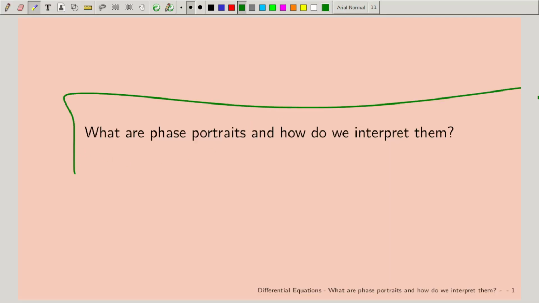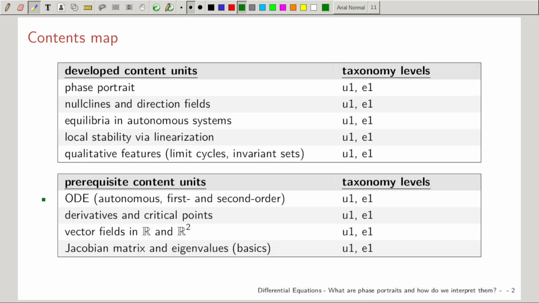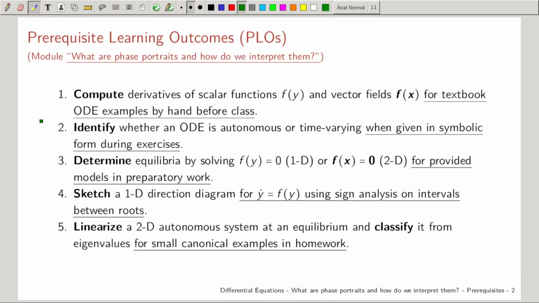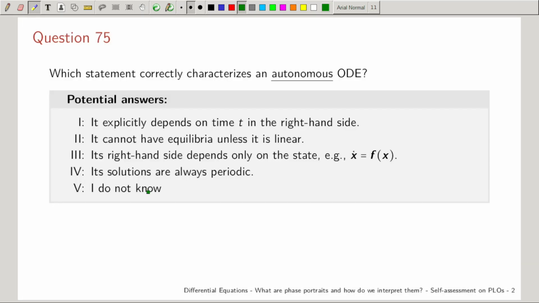So, what are phase portraits? How do we interpret them? Assuming that we have the prerequisites and that you have been checking the material here, feeling that you know it, and doing the self-assessments, okay?